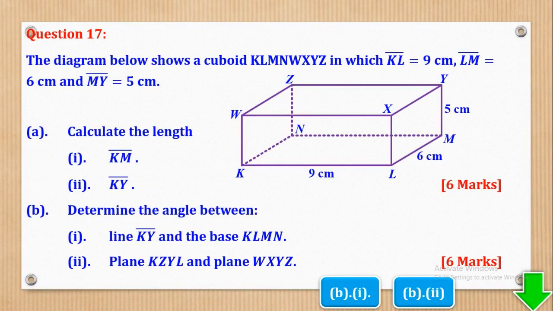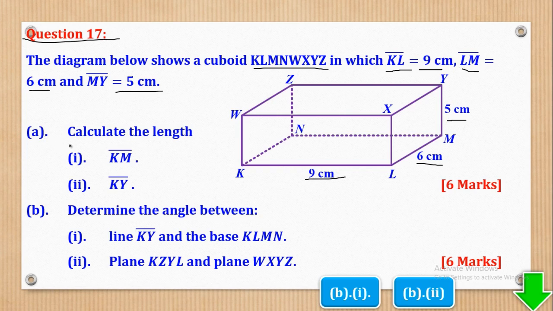Now let's go to question 17. So question 17 says that the diagram below shows a tube KLMNWXYZ, in which KL is 9 centimeters, which is that, LM is 6 centimeters, which is that, and MY is 5 centimeters, which is that.